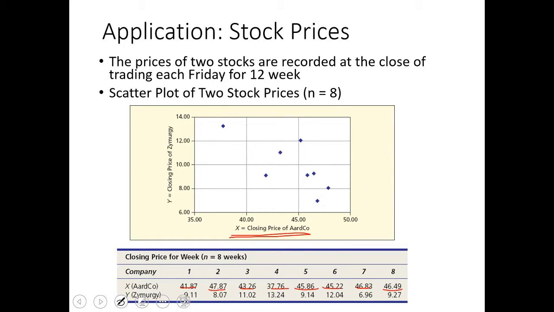They are all the daily closing prices. And stock Y has closing prices 9, 8, 11, 13, 9, 12, 6, 9. It is the first day closing price, second day, third, fourth, fifth, sixth, seventh, eighth. So we have 8 samples for the price of stock X and the price of stock Y.